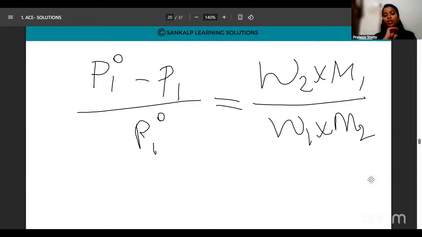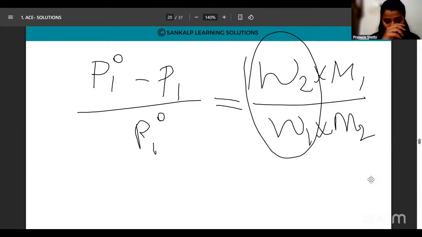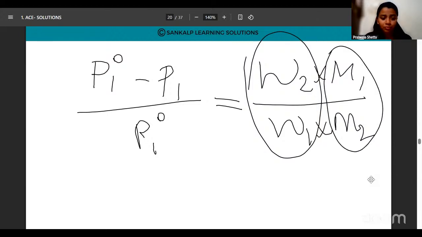And in your numericals, they'll be specifying P naught, P1, P1 naught, and what they are, you have already studied. So according to the question, you have to identify what these P1 naught value, P1 value, and W2, M1, W1, M2 values are. Generally, you can see here W1, W2 are weights or simple mass. Whereas M1, M2 are molar masses of solute and solvent respectively.